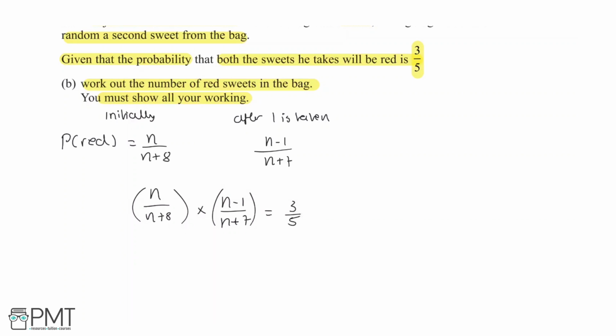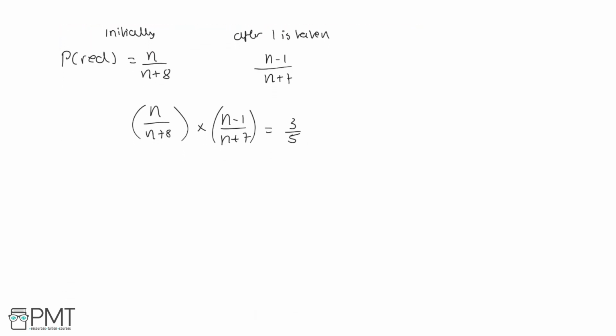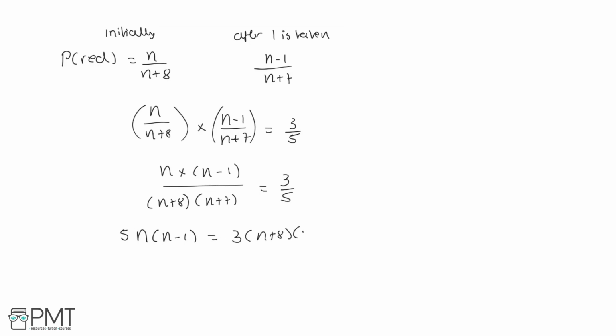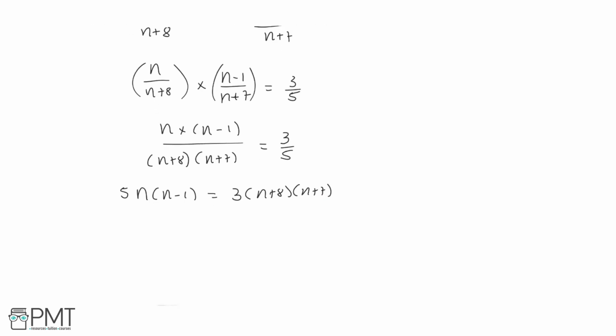We're going to expand this, solve the quadratic, and get it in terms of n to see how many sweets we have. We will say that n times n minus 1 over n plus 8, n plus 7 equals 3/5. We'll cross multiply to get rid of our fraction, so 5 times n minus 1 times n equals 3 times n plus 8, n plus 7.